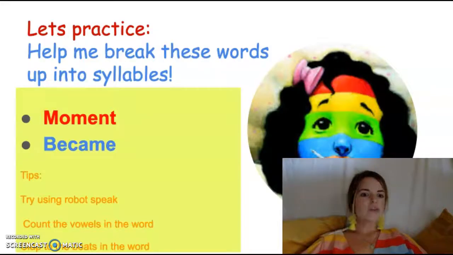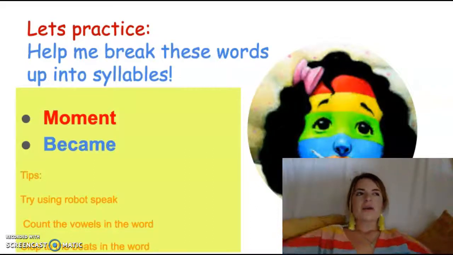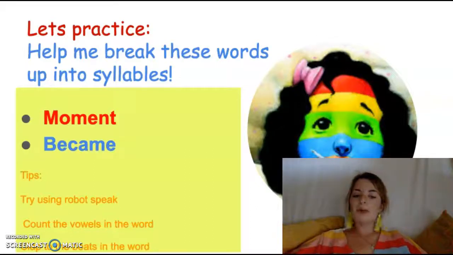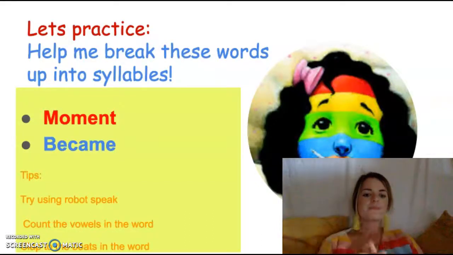Now let's go ahead and do the same with became. So we're going to go ahead and just use our robot speak and our clapping. Okay, so let's say became like a robot. Became. I feel like it gets separated right after be and before came. Let me go ahead and clap this out to make sure this is correct. Became.